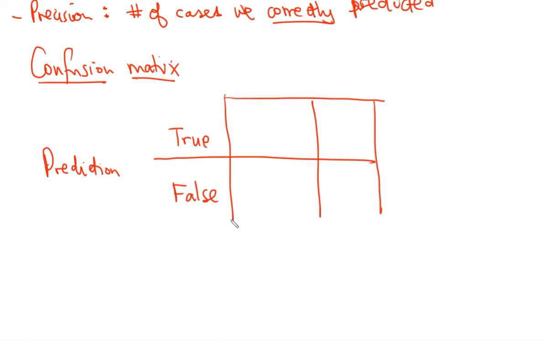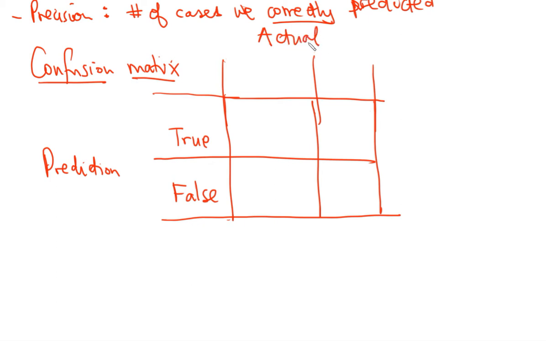And then on this side, what we're going to have is the actual state, and here it will be either true or false. So what we're saying here is we're predicting fraud. So in this case, true is fraud, and this is non-fraud, or no fraud, for that transaction.